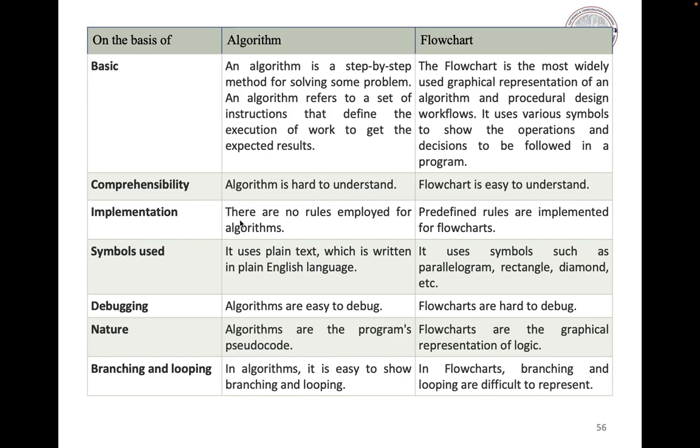Nature: algorithms are the program's pseudocode, flowcharts are the graphical representation of logic. Branching and looping: in algorithms it is easy to show branching and looping, but in flowcharts, branching and looping are difficult to represent.